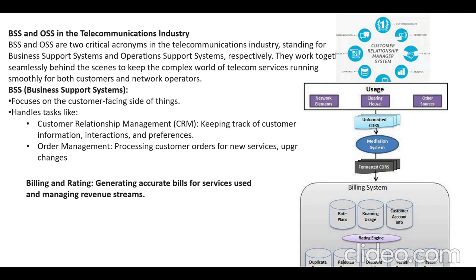Now BSS, at a high level, we can see how the business support system focuses on one line here. Customer relationship management, CRM, keeps track of customer information and interactions. Order management processes the customer order for new services, upgrades and changes. Billing and rating generate accurate bills for the services and manage the revenue system.